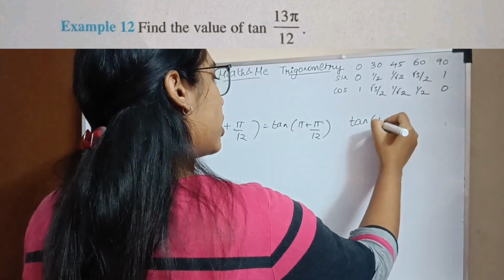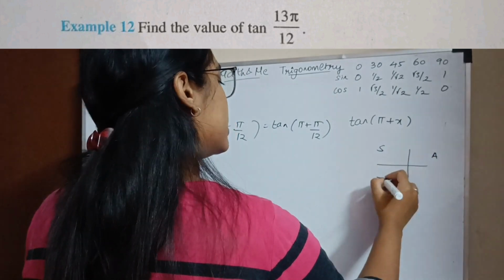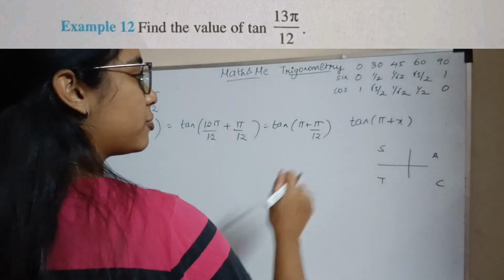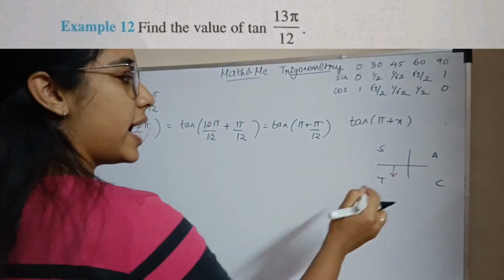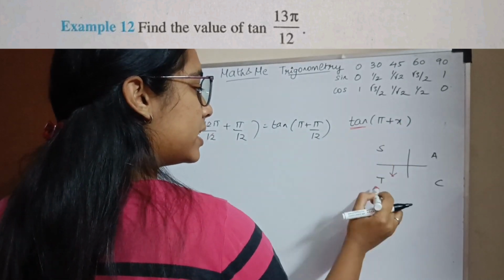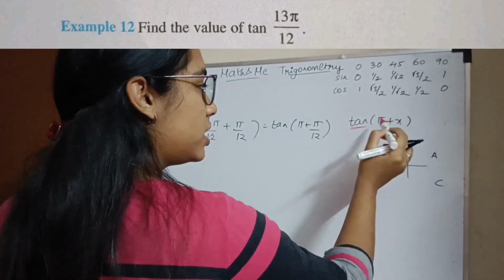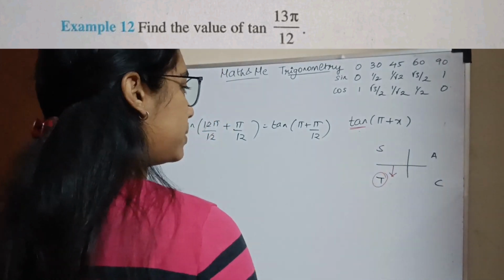What is tan of pi plus x? What are we dealing with? All Silver Tea Cups, this is the first quadrant. For tan of pi plus x, we are dealing with the angle that lies in the third quadrant. So pi plus x. Tan is positive in the third quadrant. So tan of pi plus x will be tan x.